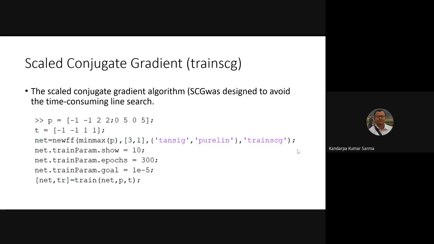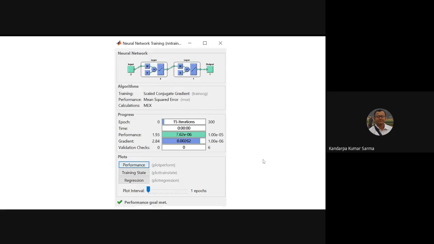So rest are same. This function changes, train SCG. So this is a new form of the scale conjugate gradient functions.